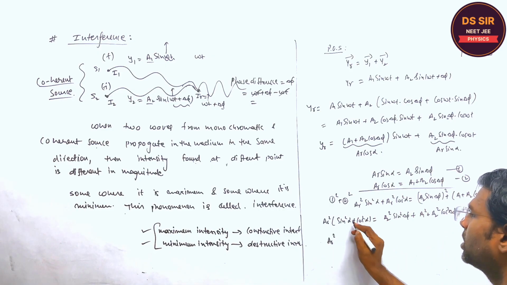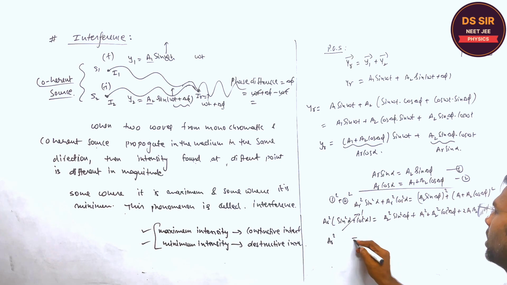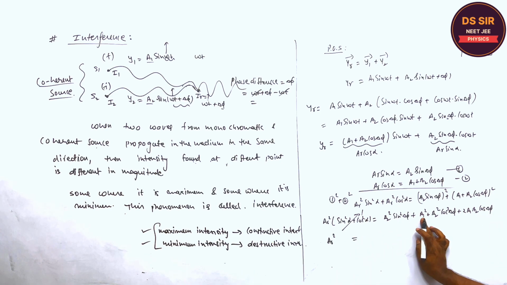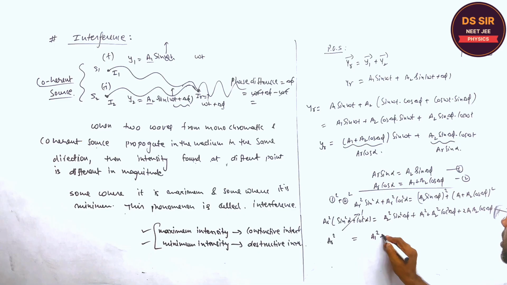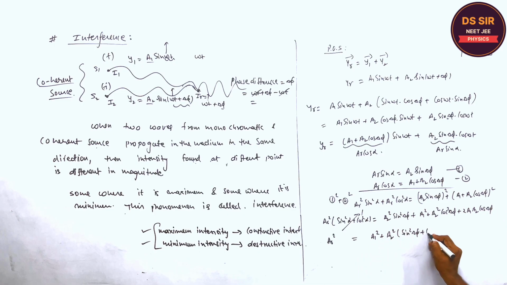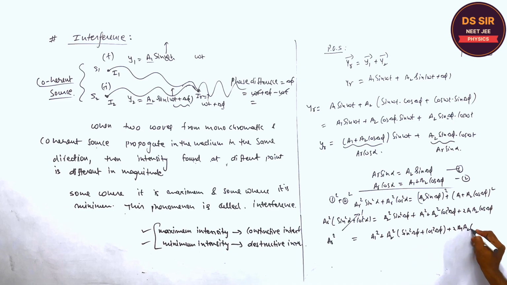So it is equal to 1. Then listen, this is A1 square plus A2 square into sine square delta phi plus cos square delta phi, plus 2A1 A2 cos delta phi. So it is equal to 1.